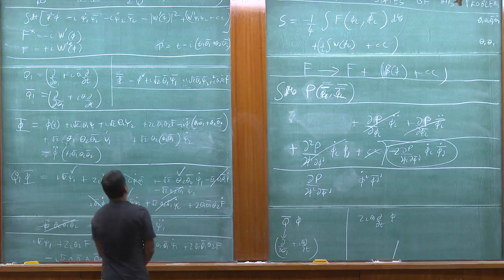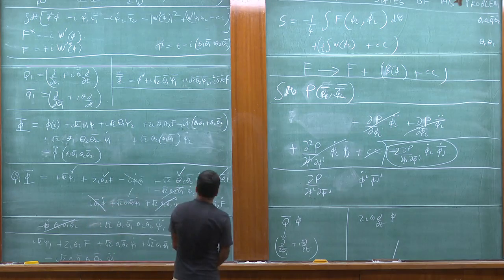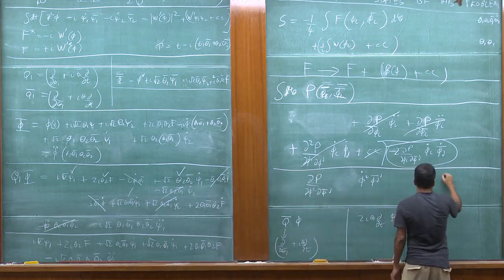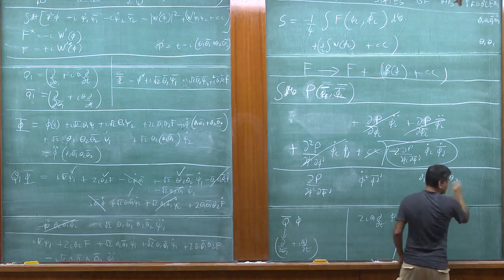You're right. In phi bar it was theta 1 bar theta 1. And therefore, what we get is theta 1 bar, theta 2 bar, theta 2.